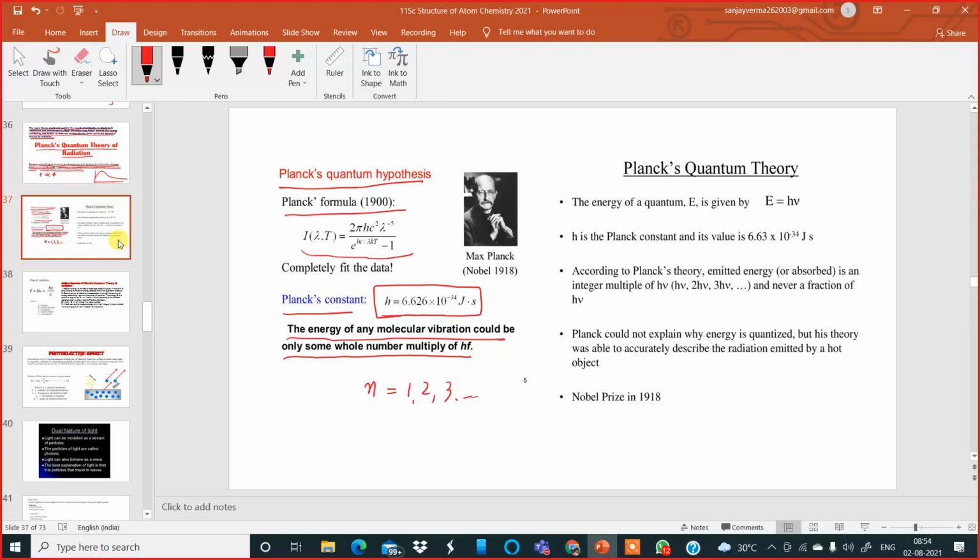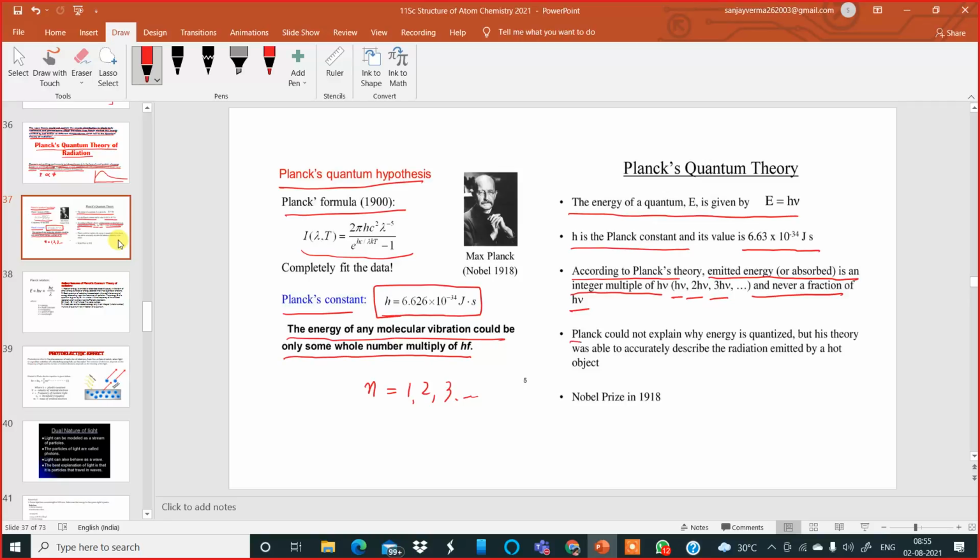Now based on this, the energy of quantum E is given by E = hv. h is Planck's constant and its value is 6.63 × 10^-34 joule second. According to Planck's theory, emitted or absorbed energy is an integer multiple of hv: hv, 2hv, 3hv, but we cannot have decimals. We cannot have 2.5 or 3.5 or 1.5, and never a fraction of hv.